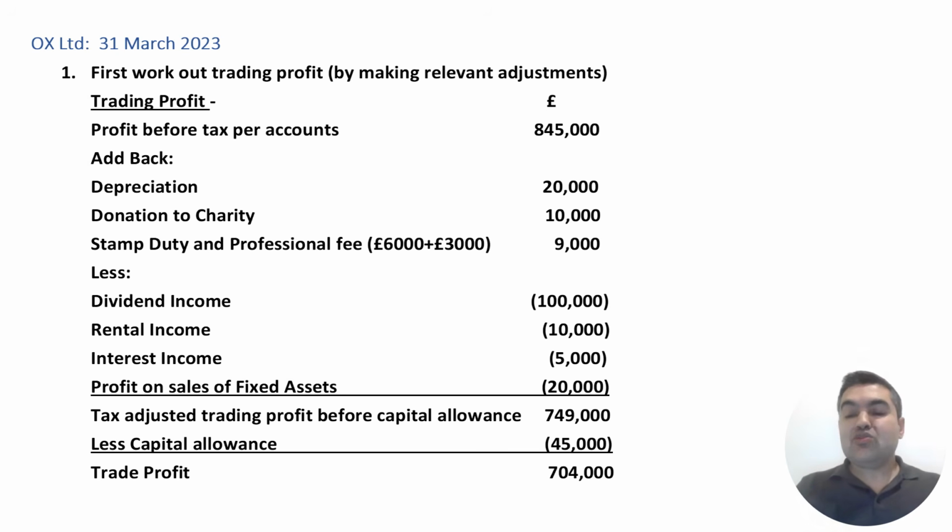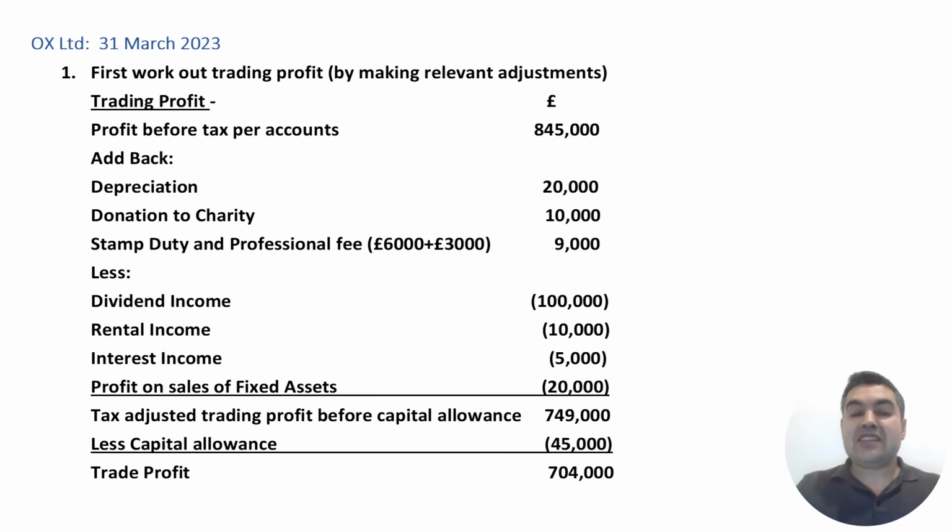However, when it comes to HMRC, when you're filing your corporation tax return to HMRC or to the tax authority, you need some adjustment because there are some expenses in the books which HMRC does not allow. They are capital expenditure. You need to add it back to your profit before tax. So it means you will be paying more corporation tax. By adding these expenses, your profit for corporation tax will be higher.